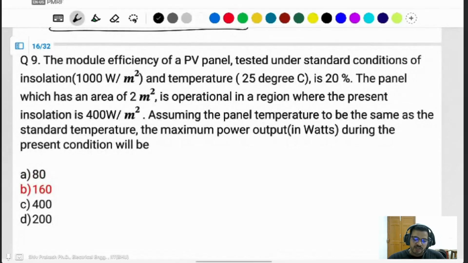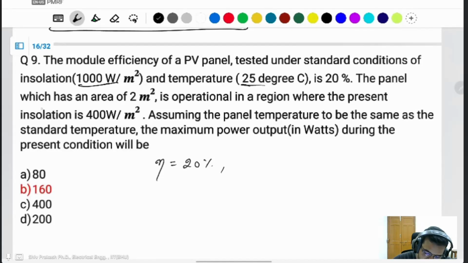The module efficiency of a PV panel tested under a standard condition of insolation of 1000 watt per meter square and temperature of 25 degrees centigrade is 20%. This is the standard parameter.